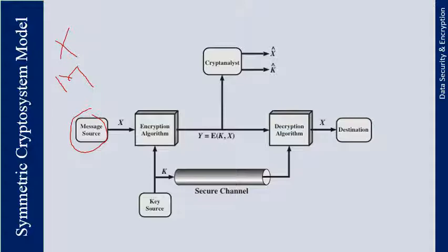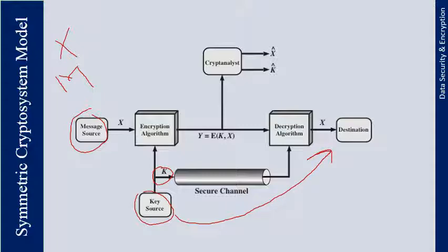However, nowadays you can use binary alphabets that contain only two letters, 0 and 1. An encryption key of the form K is derived from a key source. If you derive the key from a key source, it is your responsibility to transfer this key to the destination in a safe and secure manner.